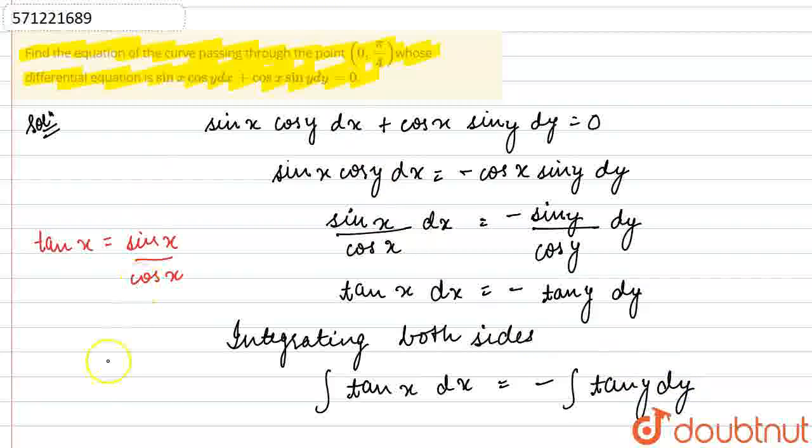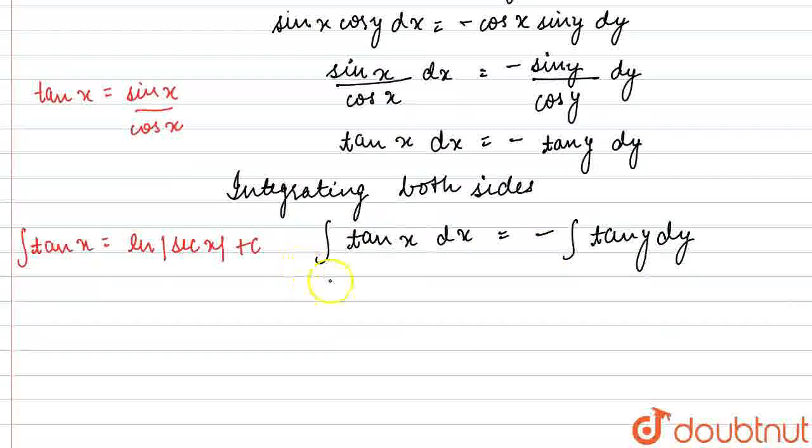Now again, one important integration formula: integration of tan x is equal to ln mod of sec x plus c. Using this formula, I get ln mod of sec x is equal to minus ln mod of sec y plus some constant, let's say c.